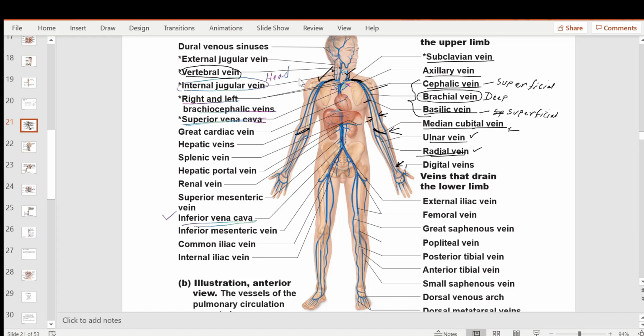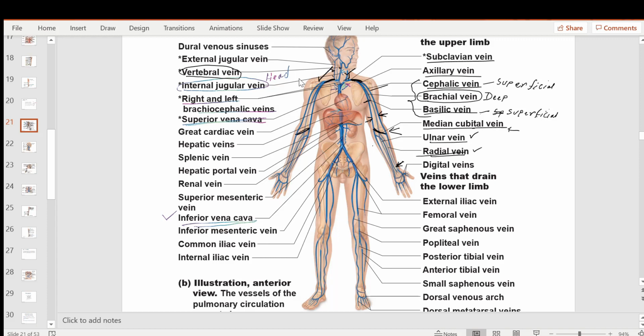Okay, so radial and ulnar are the branches of the brachiocephalic vein, or tributaries of the brachiocephalic vein. Then cephalic and basilic go to the forearm from the arm, and from the basilic vein a tributary arises, and that is called the median antibrachial vein. Let me see if they have shown it here.